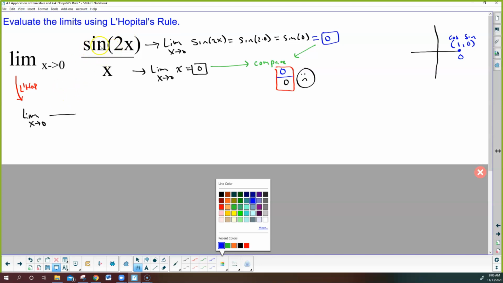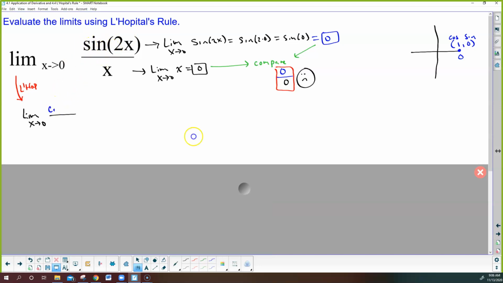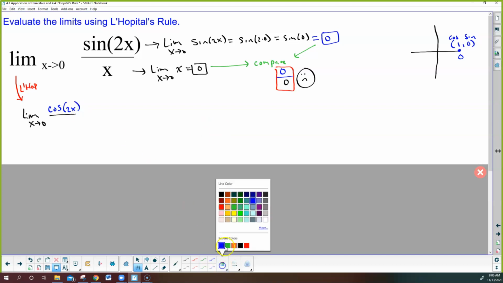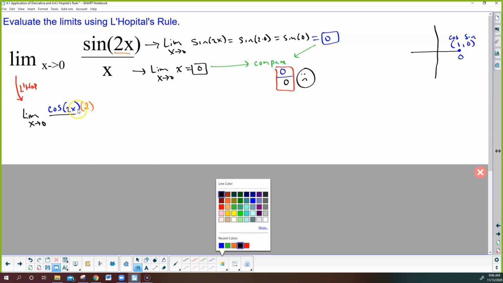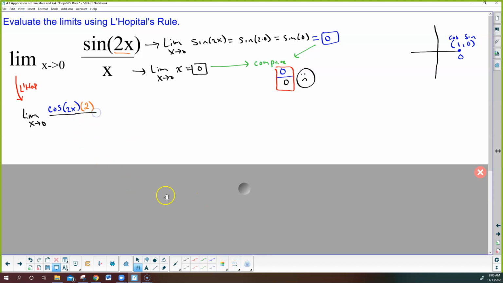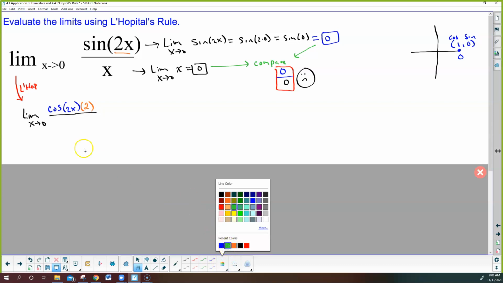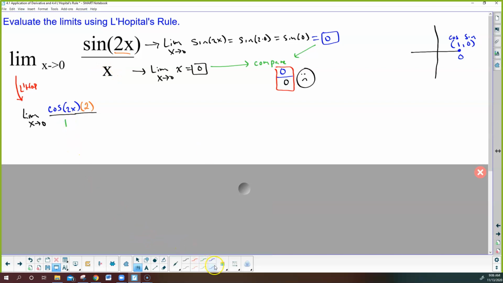So the derivative of the outside is cosine. Keep the inside, and then multiply by the derivative of the inside, and the derivative of the inner 2x is just 2. And you could clean that up, but you're going to see we don't really need to. And then the derivative of the bottom is just 1.